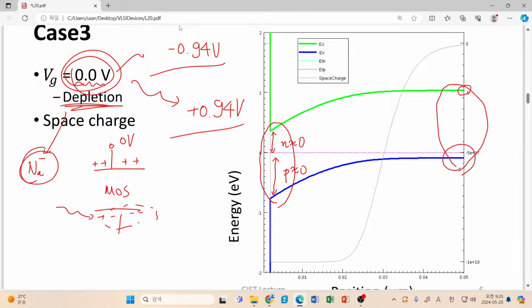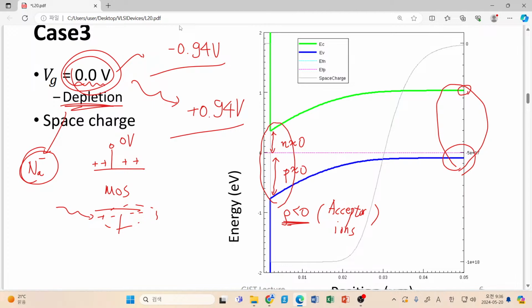Only the negatively charged acceptor ions are left here. That's the reason why our system can show net negative charge. But when we make some more fine consideration, this negative charge is supported solely by our acceptor ions.